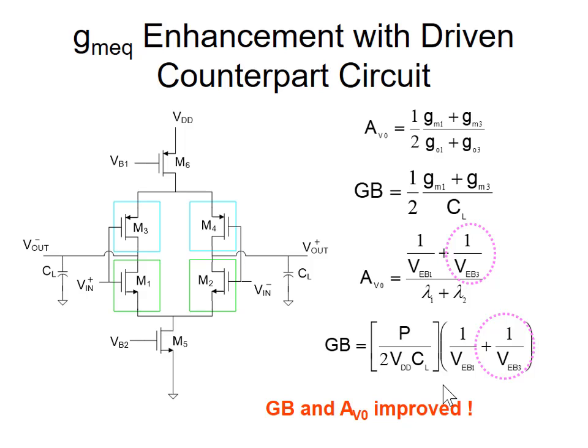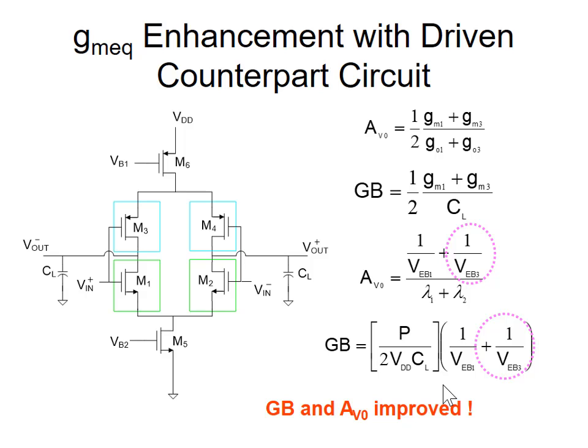So I can say V out times SCL plus G out 1 plus G out 2 is equal to minus VD over 2 times GM1 plus GM2.